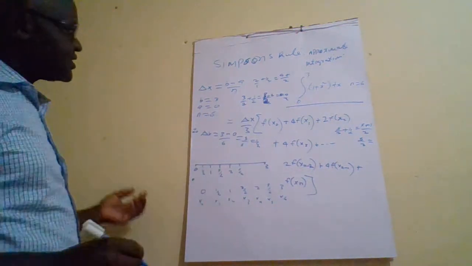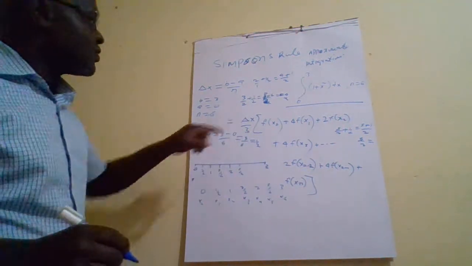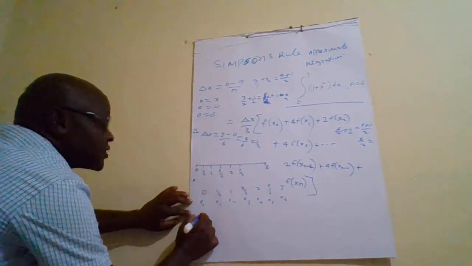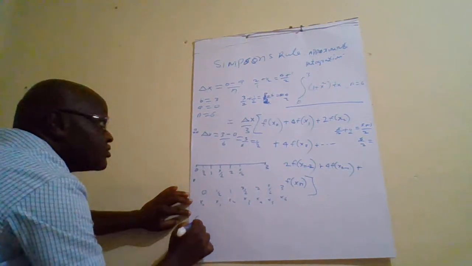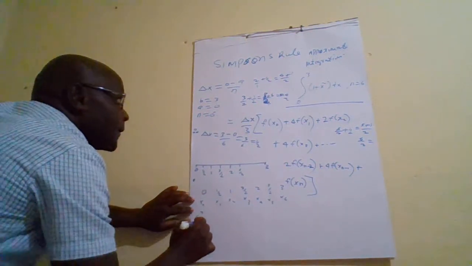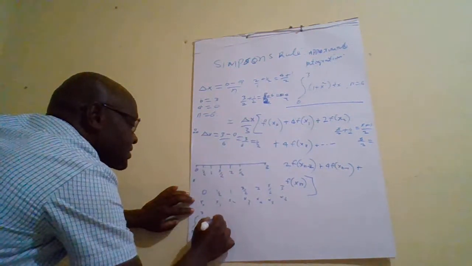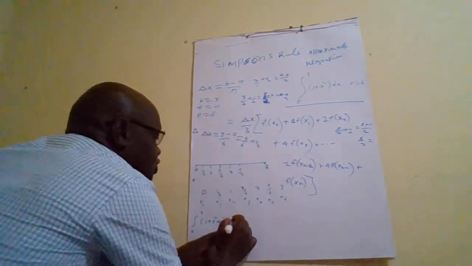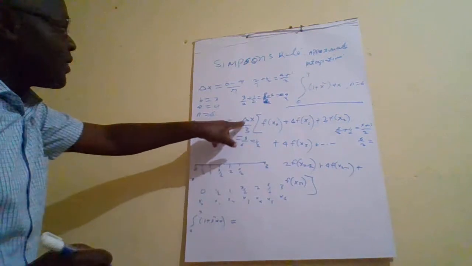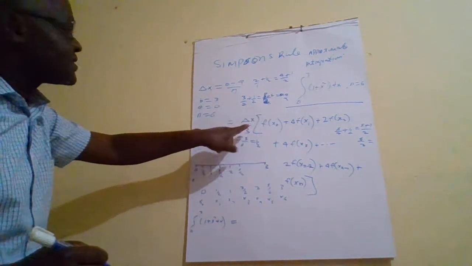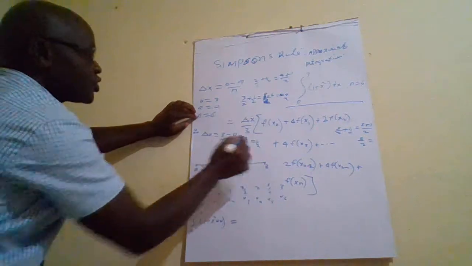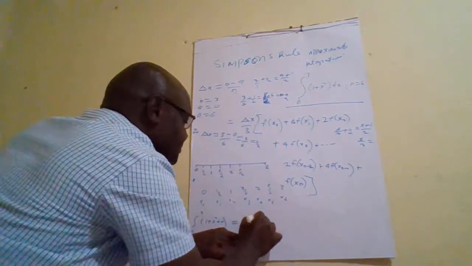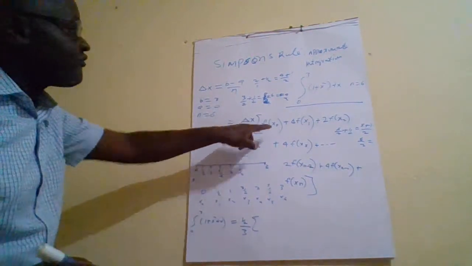So once we have all these, we can now rewrite the equation. Our integral from 0 to 3 of 1 plus x squared dx will be equal to del x over 3, where del x equals a half, so it will be a half all over 3 into f of x.